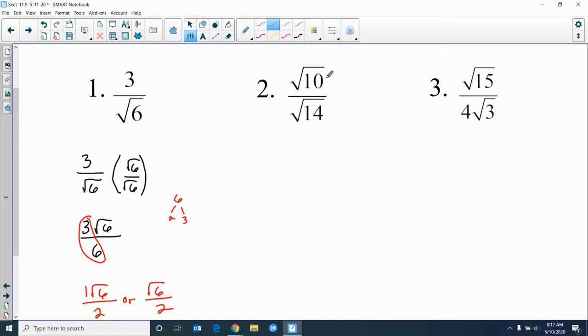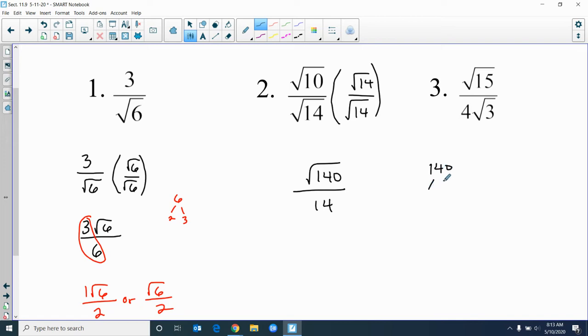Square root of 10 over square root of 14. I can multiply by square root of 14 over square root of 14. Those do multiply together, giving square root of 140 on top. Square root of 14 times square root of 14 will just be 14 on the bottom. 140 is 14 times 10, so 2 times 7, 2 times 5.